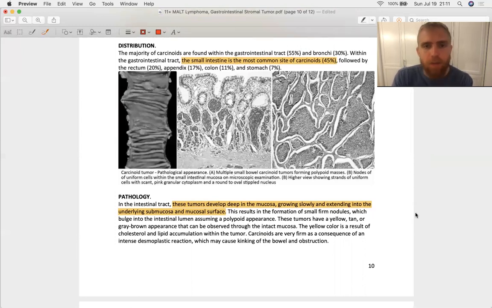The small intestine, as we've said, is the most common site, followed by the rectum and appendix. They've got a yellow appearance, and they're yellow due to cholesterol and lipid accumulation within the tumors. So if something looks yellow grossly, carcinoid tumor, check.